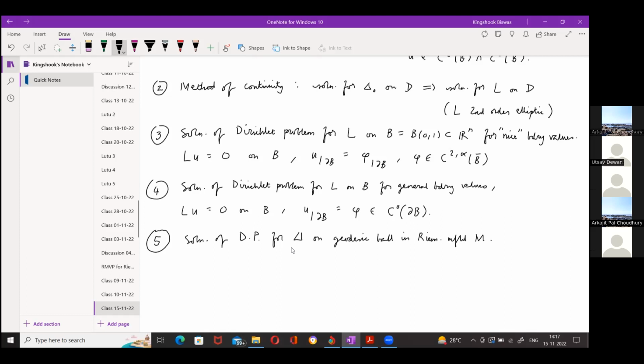And once you have the solution for a geodesic ball, then this implies that you can define the harmonic lifting of a subharmonic function, right?